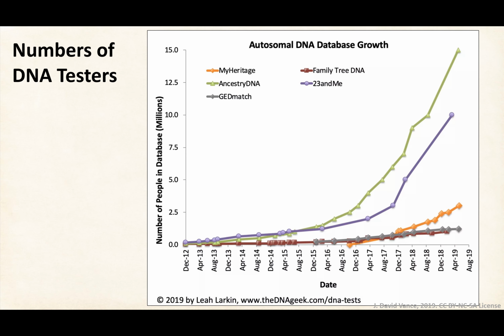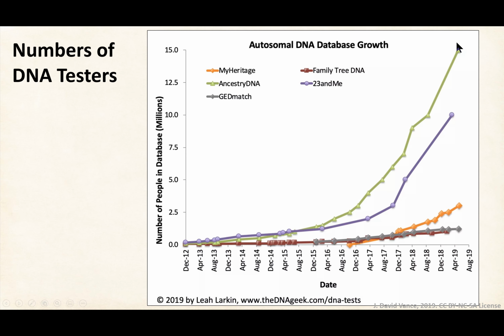It's a very nice chart that shows how the growth of the databases is going and where the bulk of the testers are. So right now, Ancestry.com has the largest database. It's now topped over 15 million as of the end of August of this year. The second is probably 23andMe, which has just over 10 million. And if you put all these together, there's probably over 30 million testers that have put their DNA on file.